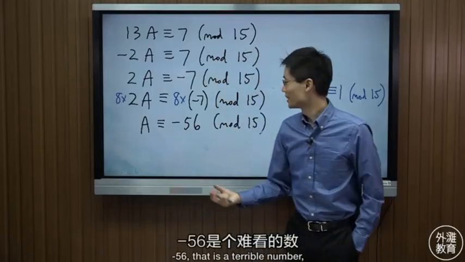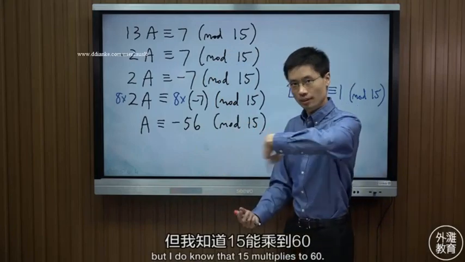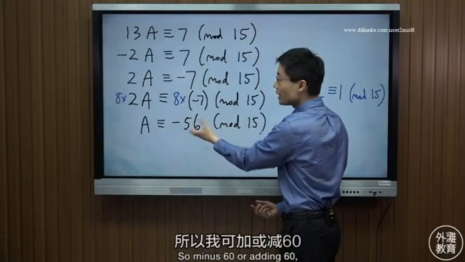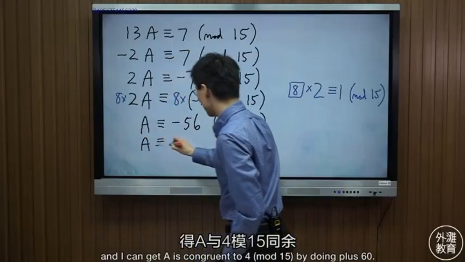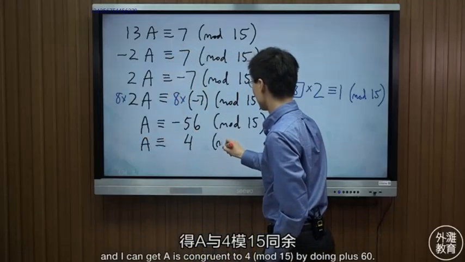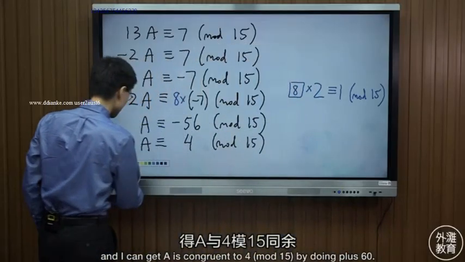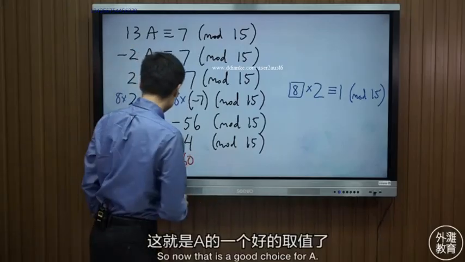Minus 56, that's a terrible number. But I do know that 15 multiplies to 60. So I can add 60 to both sides, and I can have a is congruent to 4 mod 15 by doing plus 60. What I just did here was plus 60. So now that's a good choice for a.